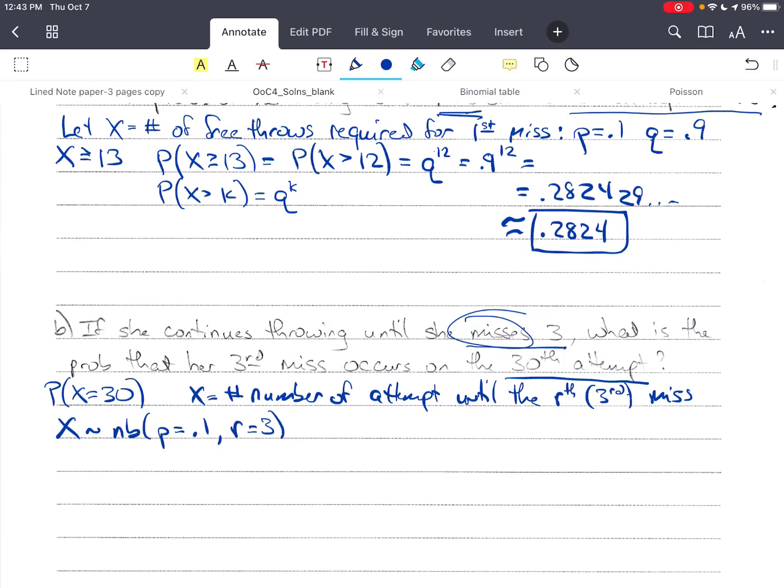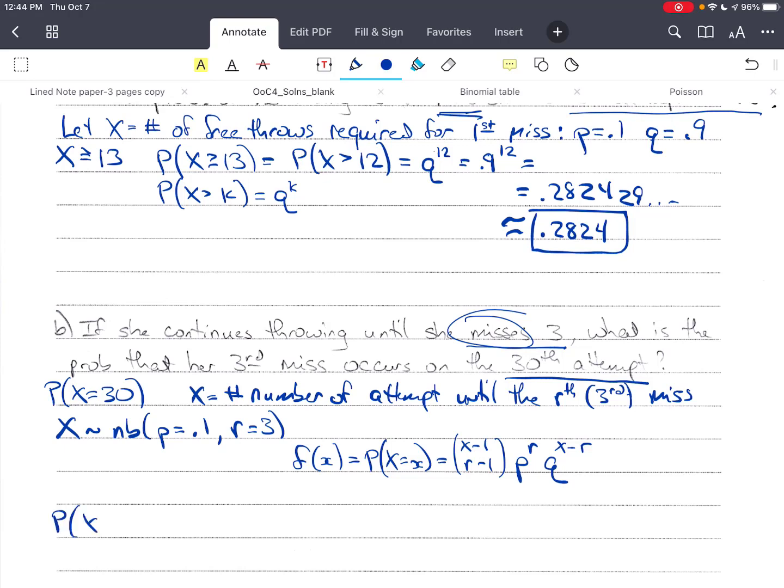And so f of X, or P of X equals little x, is equal to X minus 1 choose R minus 1, P to the R, Q to the X minus R. Okay? So what we're going to do here is plug in X is equal to 30.